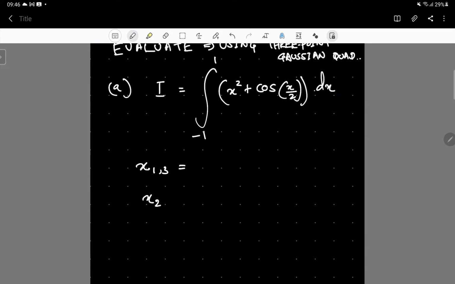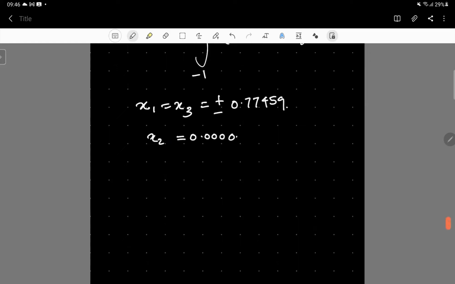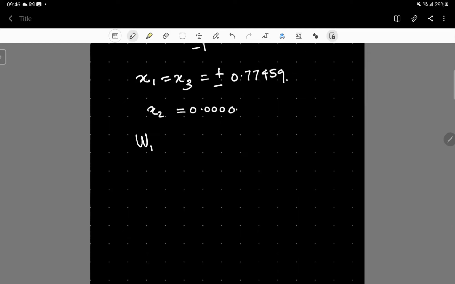The value at x1 and x3 is plus or minus, depending on which value you take, 0.77459. The x2 value corresponds to 0, and then these values have to be multiplied by the weight factors. So W1 and W3 is equal to 5/9 according to the table, where the results have been published already, which gives the minimum error.